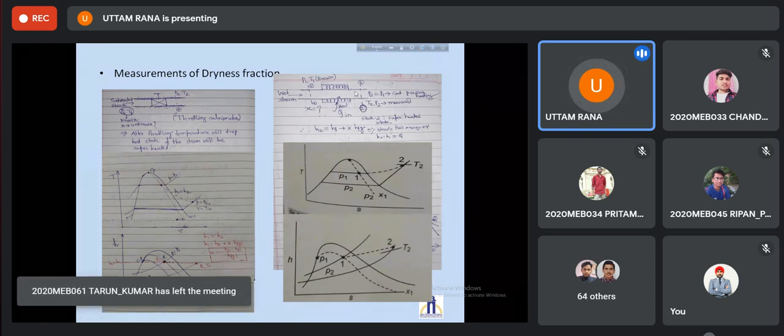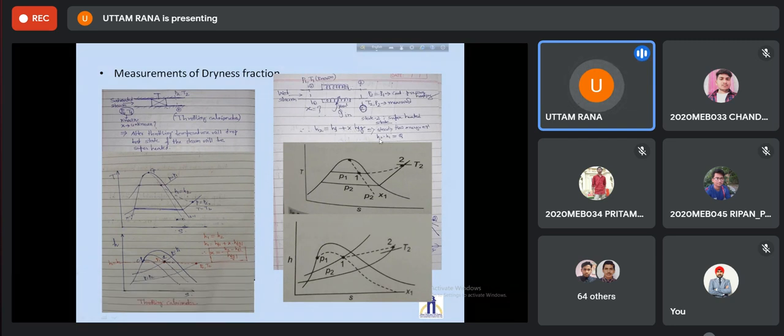The enthalpy of the steam leaving can be evaluated from the data of pressure and temperature. So H2 is known, and H2 minus H1 is the heat transfer per unit mass of the fluid flow. So using the electrical heating technique, we can also find the quality of steam whose quality is not known to us.